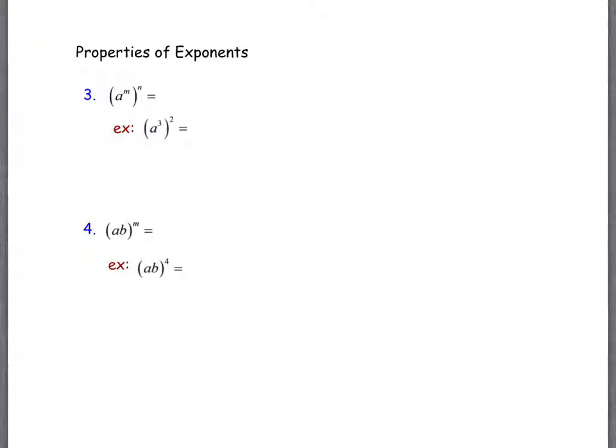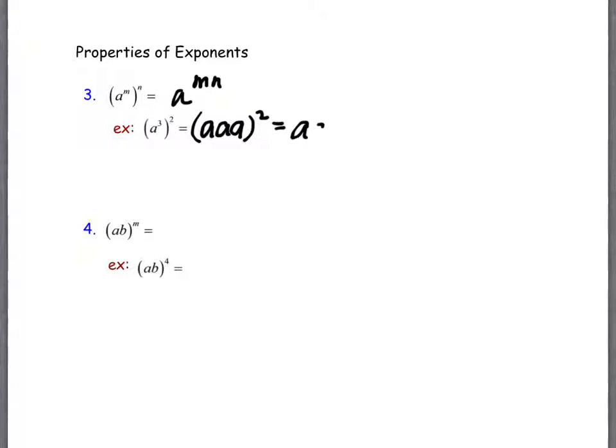All right, number 3 said that we should be able to multiply those exponents together. So let me show you that from the perspective of what we already know. Well, we know that a cubed would be a times a times a, and all of that should be squared. But squaring something means multiplying it by itself.